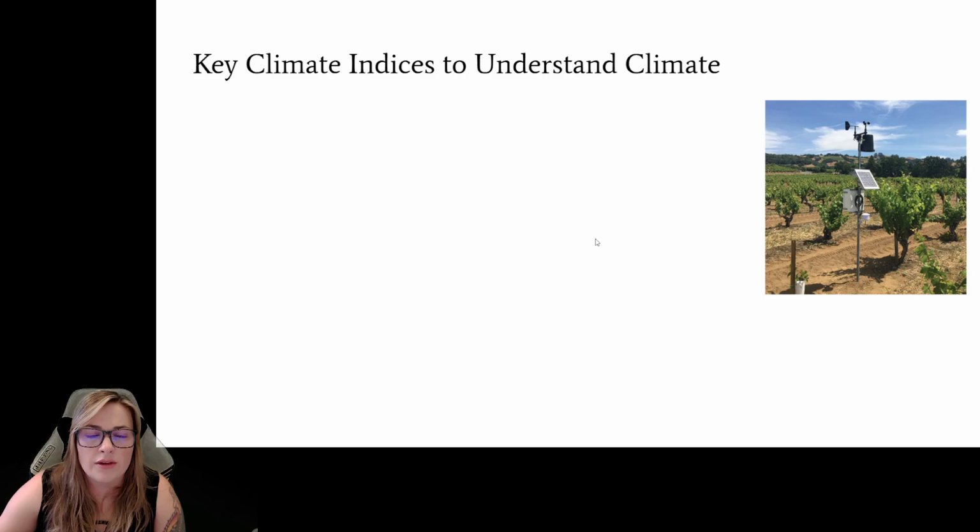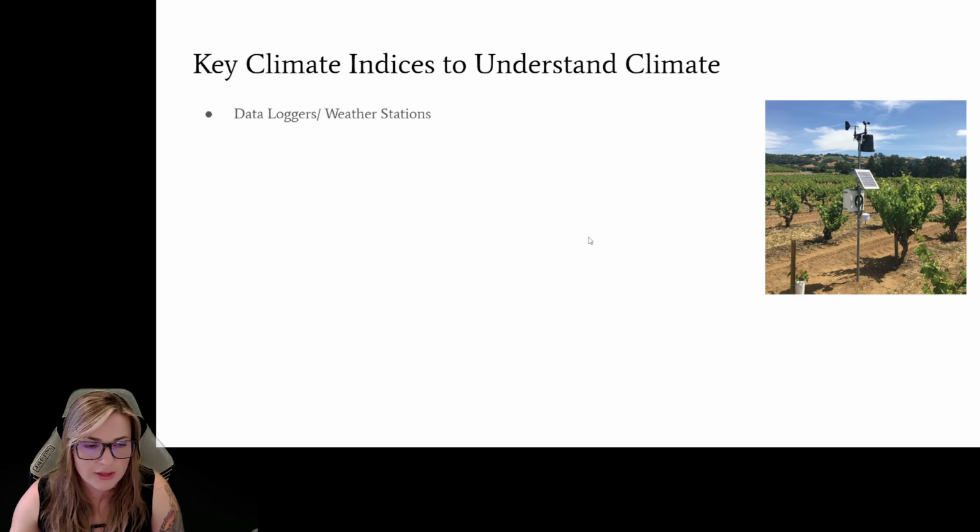Cool. So key climate indices to understand climate. So how are we measuring this? What index are we using to measure these things so we understand what the climate is at our vineyard site, right? So one, it's really helpful to use data loggers and weather stations. That's this picture right here. This is something you could purchase, install. There's also weather stations located kind of within regions that you can refer to. You can look online and say, hey, what's my nearest weather station?